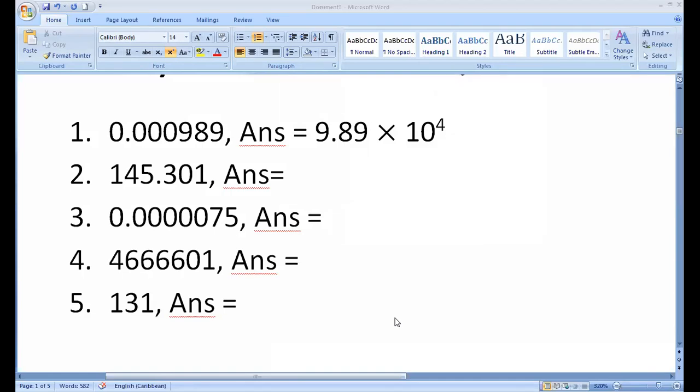Okay, so for number 2, still not sure about my answer, but what I have is 1.5, I just did a round off. It's 1.45 times 10 to the 2.